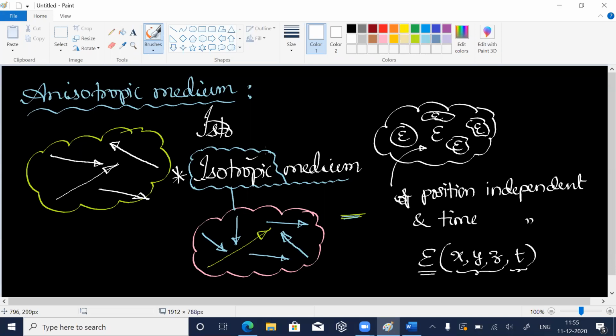Isotropic medium, homogeneous case, and also linear case. So a single medium satisfying all these three conditions: linearity, homogeneous, and isotropic, like you say linear time invariant, you remember that. Now you remember the linear homogeneous isotropic medium.